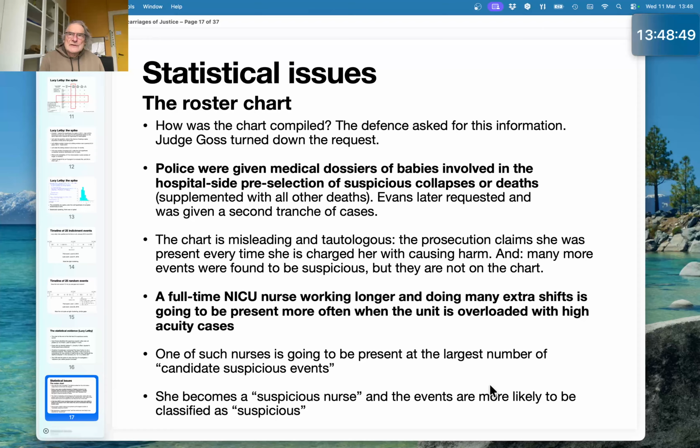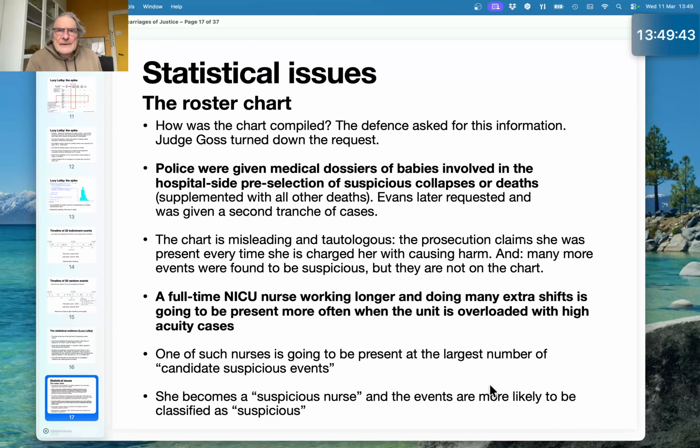He also refused permission for the court to learn about the RCPCH report or to learn about Lucy Letby's complaint against the consultants. He saw the complaint procedure, which Lucy Letby won, but which event probably tipped the balance and got them running to the police, because they knew things were looking bad for them at that point, likely to be reported to the NMC or GMC, General Medical Council, for some sort of malpractice.